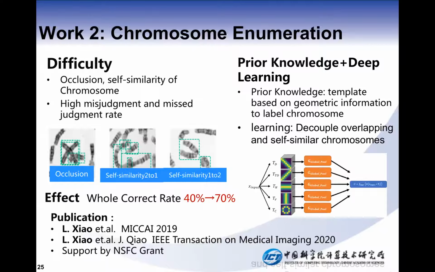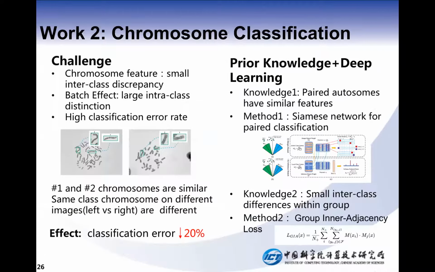With this method, we can raise the whole correction rate from 40% to 70%. And our results are published in TMI, the top journal of medical image, and also supported by the NSFC grant. And the second key step is the chromosome classification.